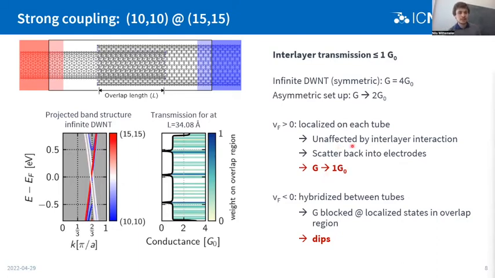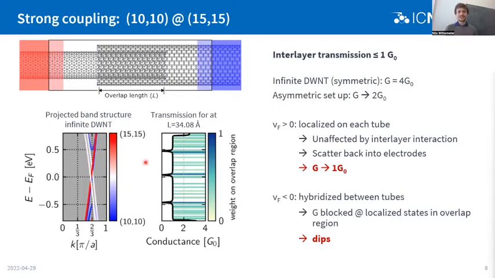There's a secondary feature in the transmission, which you can see here. There are some dips, almost evenly spaced. And we looked at where they could be coming from. And actually, if you calculate the eigenstates of this transport setup, just a little bit extended so that we can calculate the eigenfunctions, then we can see that there are eigenstates which coincide with the energies of these dips, and they have one thing in common.